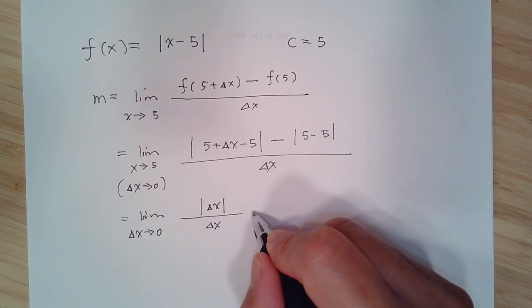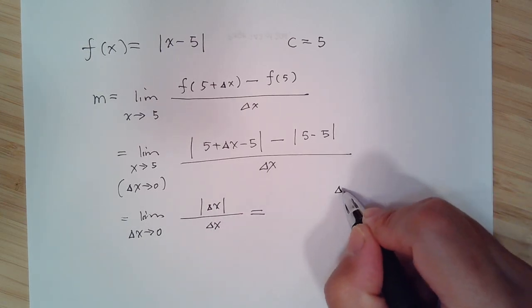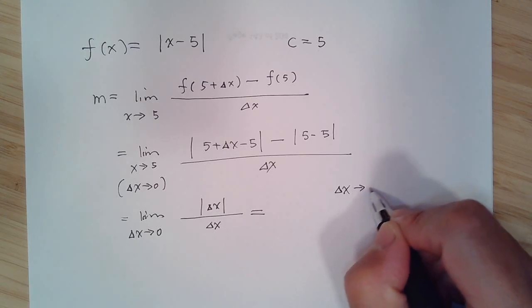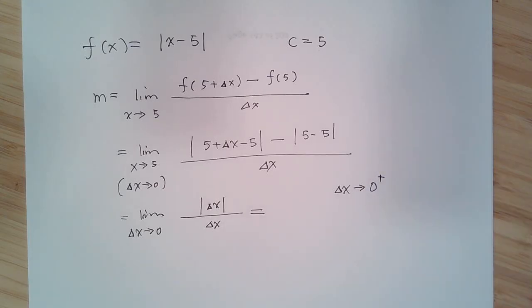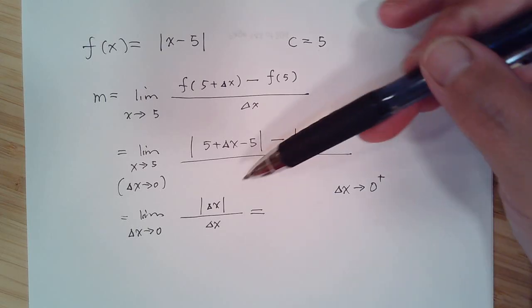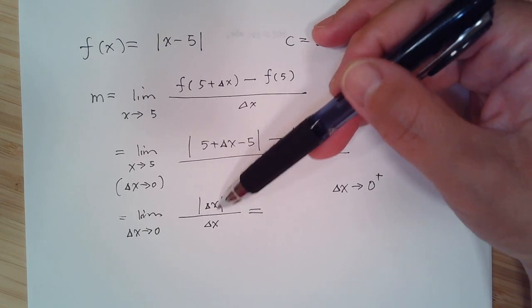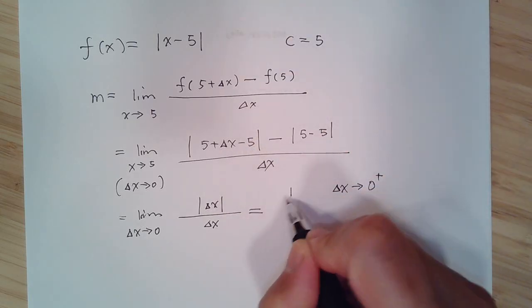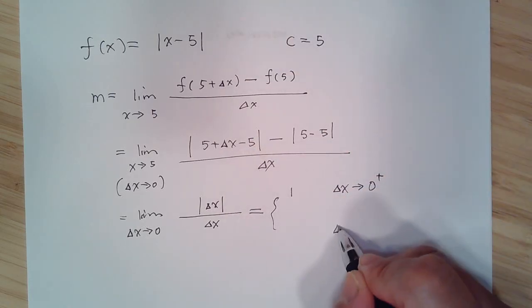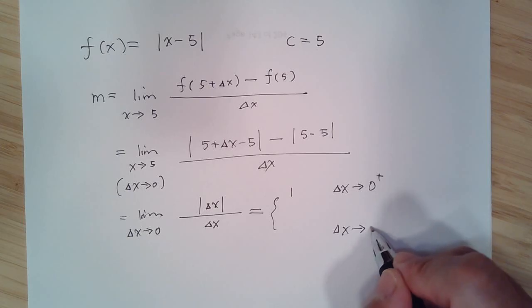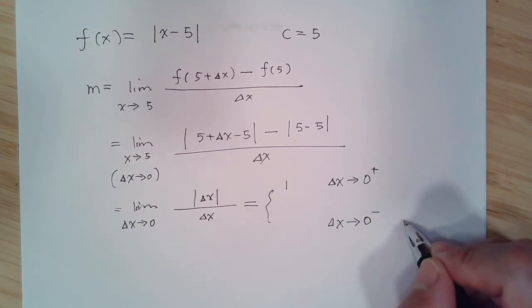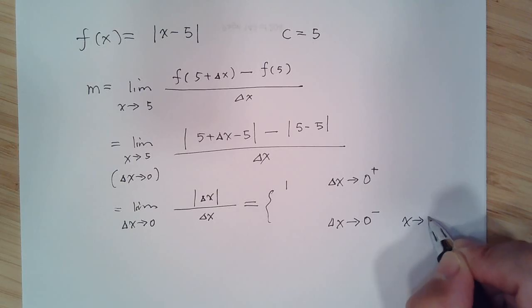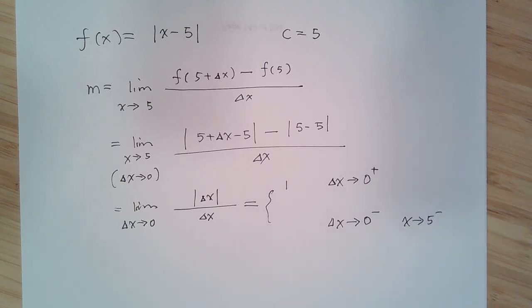Why? Because when delta x approaches 0 from the positive side, which means delta x is a tiny, tiny, small number, but it's positive. Absolute value of a positive number is itself. Then divided by that, I should get a 1. However, when delta x approaches 0 from the negative side, in other words, when x approaches 5 from the negative side, okay?